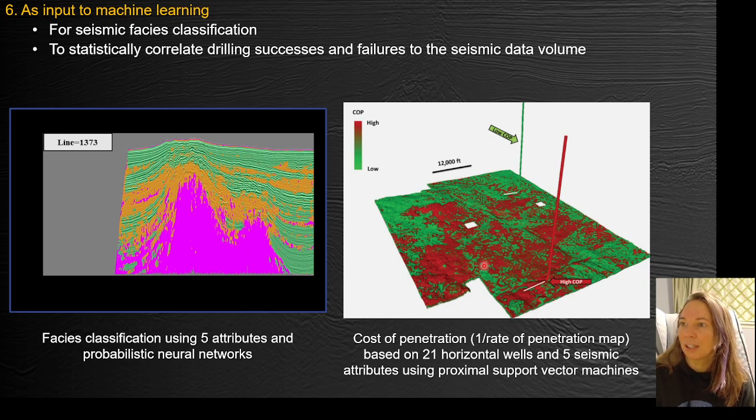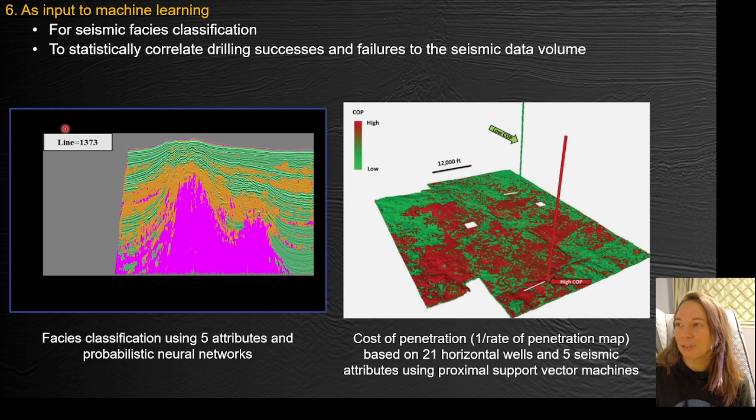And then finally, we can use attributes as inputs to machine learning. And this has been really helpful for seismic facies classifications, for identifying fault systems and patterns really quickly.